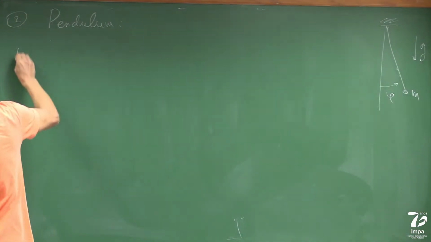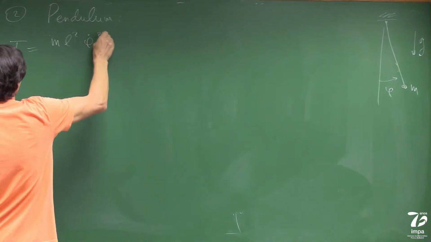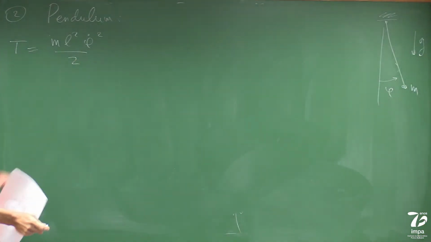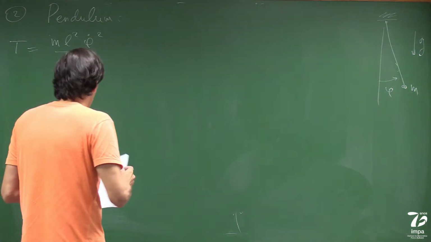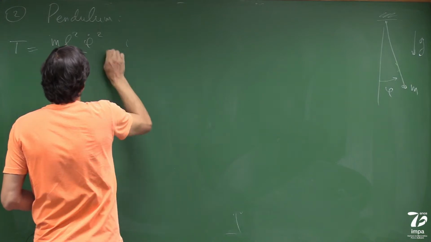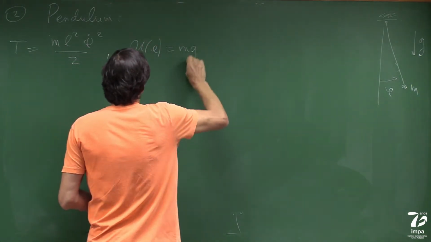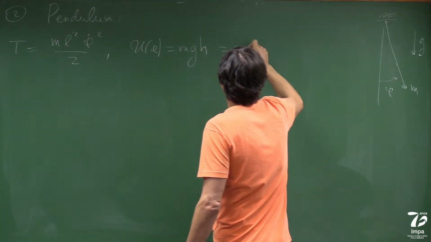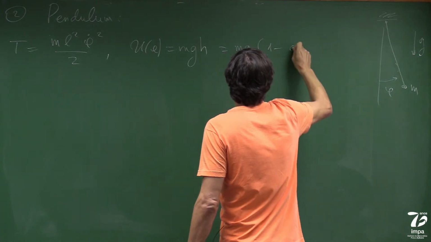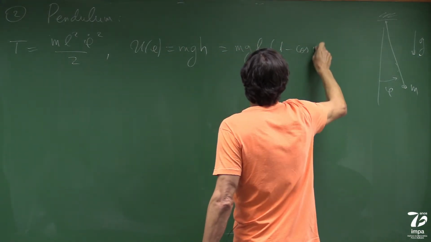So in that case, kinetic energy is m l squared phi dot squared over 2, because l phi dot is the absolute value of the velocity. And then potential energy, remember it's mg times the height of the pendulum, and that's mg l (1 minus cosine phi).